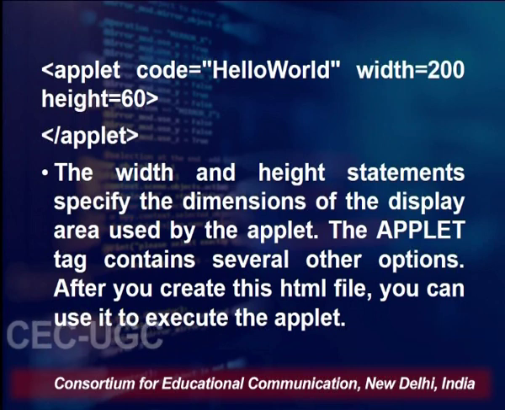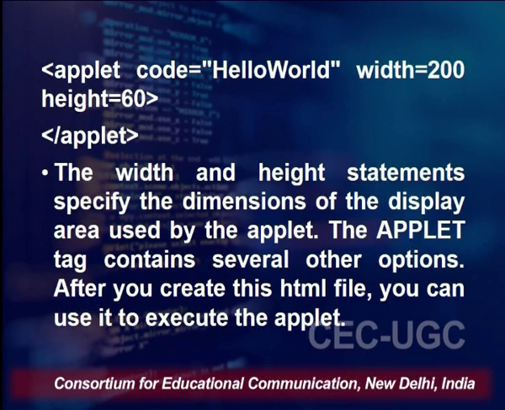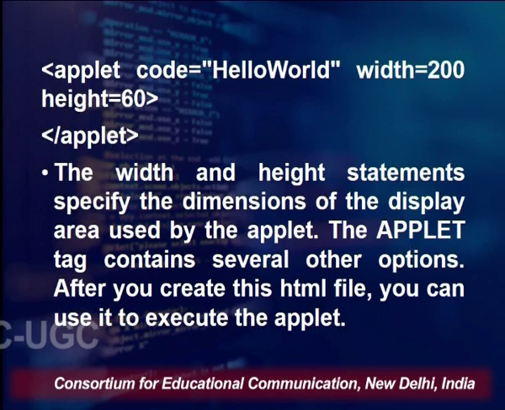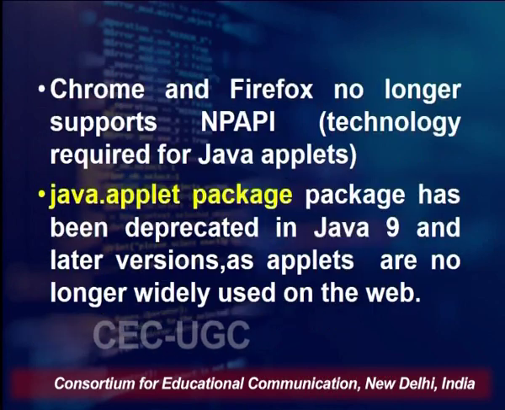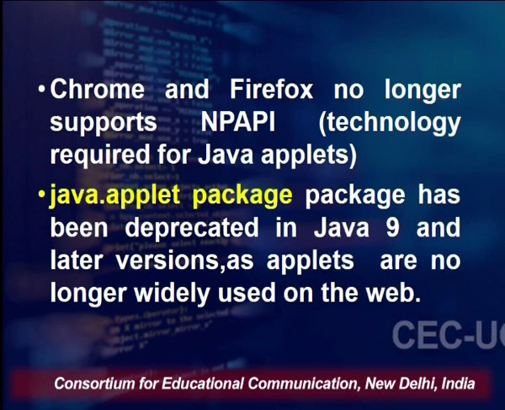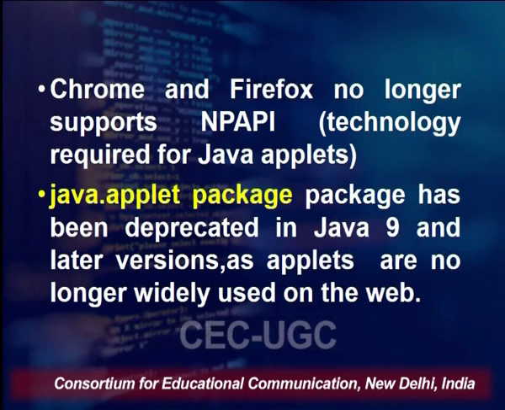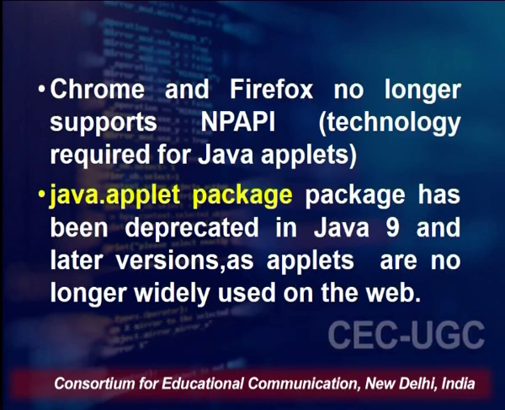After you have created this HTML file, it can be used to execute the applet. So here is an HTML file in which we are going to use this applet tag, and after running that file we will be able to see the display of the applet.